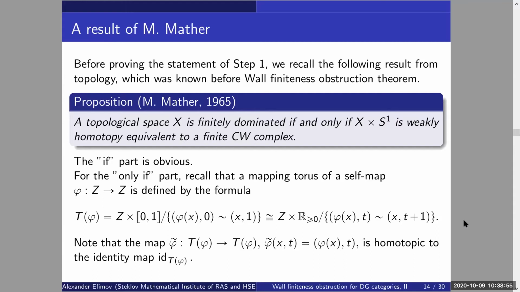From the second description, it's immediate to see that if we take this map phi tilde from the mapping torus of phi to itself, given in coordinates by phi tilde of (x,t) going to (phi of x, t), then this map phi tilde is homotopic to the identity map of this mapping torus.